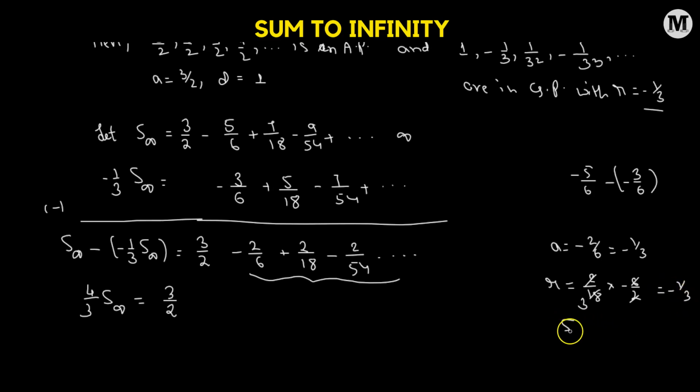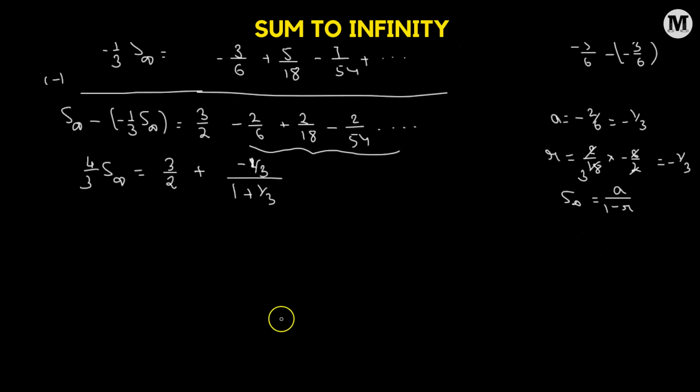And we know that the sum to infinity of an infinite geometric series is given by a over 1 minus r. So we have negative 1 over 3, the first term, divided by 1 minus negative 1 over 3, or we can say 1 plus 1 over 3. So we get 4 over 3 of S infinity equal to 3 over 2 minus 1 over 3 divided by 4 over 3.